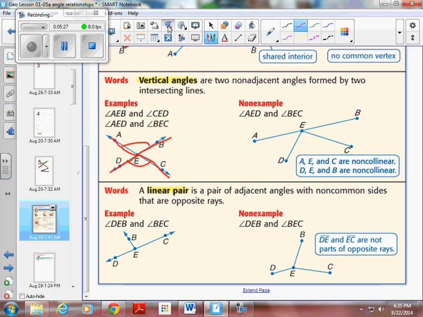Over here we don't have any vertical angles because we do not have intersecting lines. There is nothing that intersects, no vertical angles. Linear pair, the last thing down here: angle DEB and angle BEC would be a linear pair because they form line DC. No linear pairs here because we don't have two angles that form a straight line.